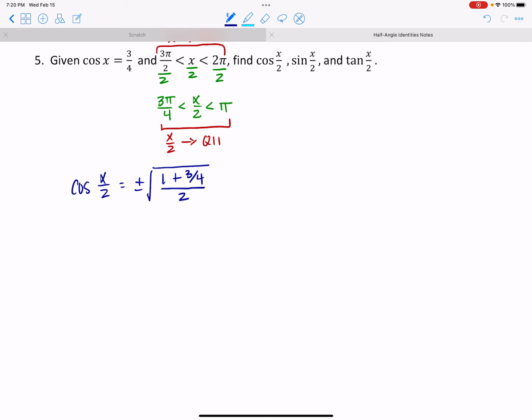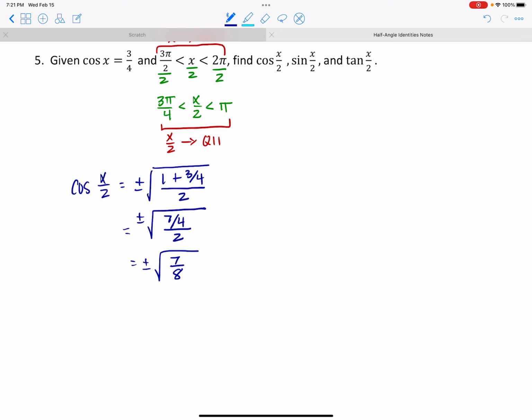Again, the trig part of this is done. So we're looking at plus or minus the square root of 1 plus 3/4, which is 4/4 plus 3/4, making 7/4, divided by 2, which means multiplied by a half. So we're going to call this the square root of 7/8.